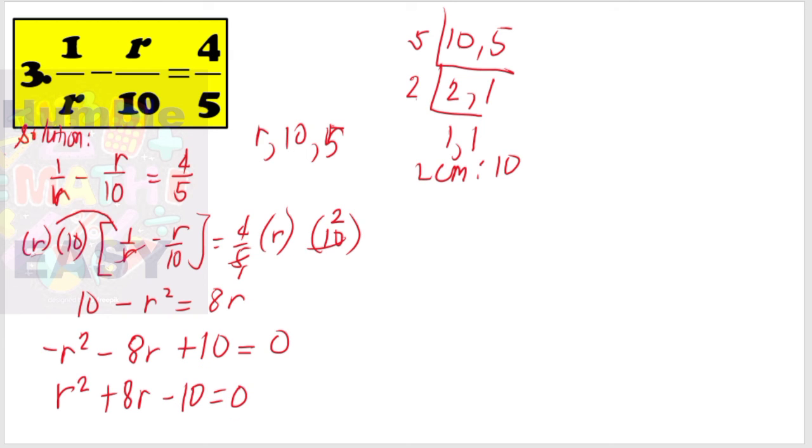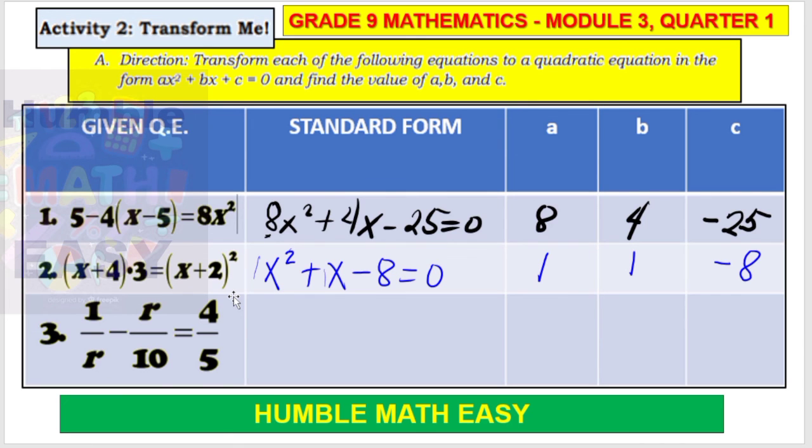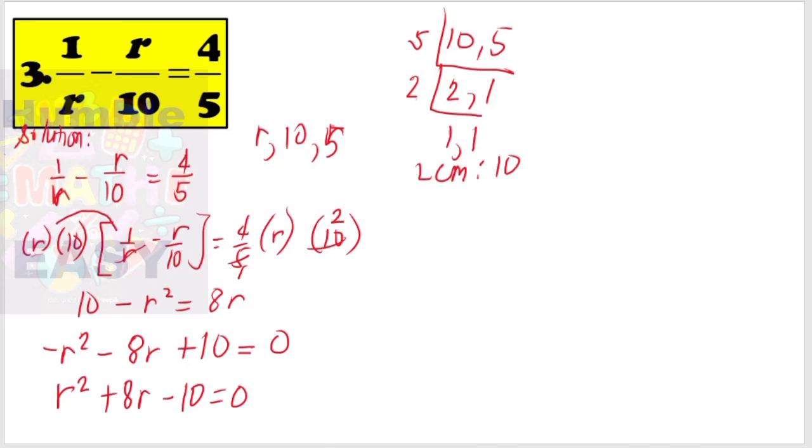So the standard form now of the given problem that we have, which is 1 over r minus r over 10 is equal to 4 over 5, is r squared plus 8r minus 10 is equal to 0. Now, I repeat, r squared plus 8r minus 10 is equal to 0.